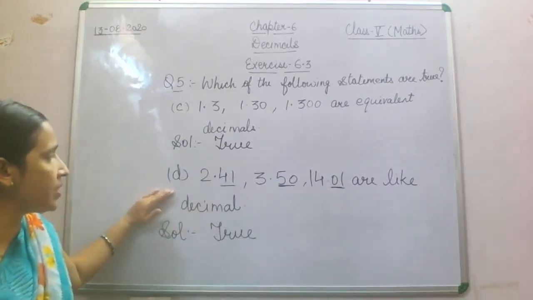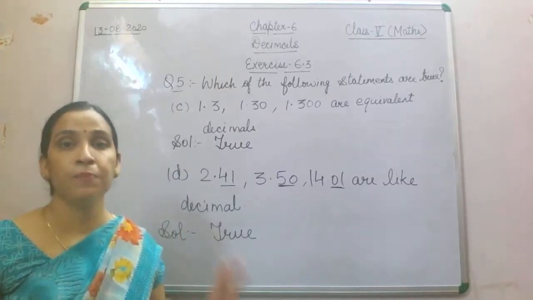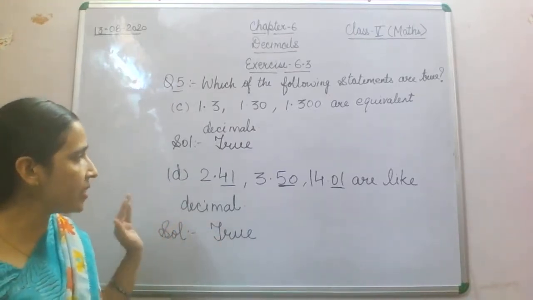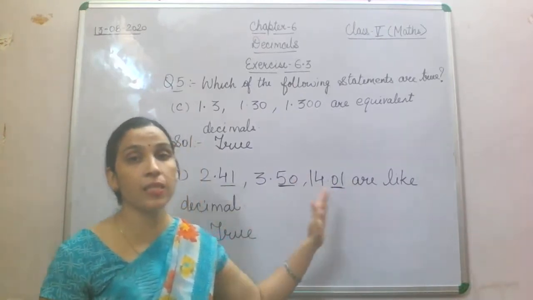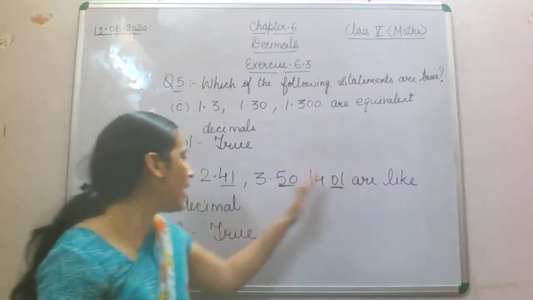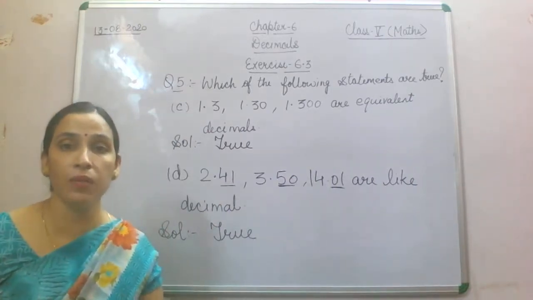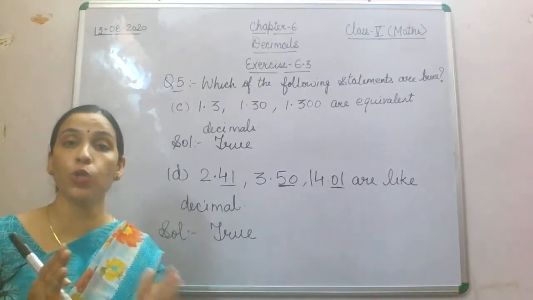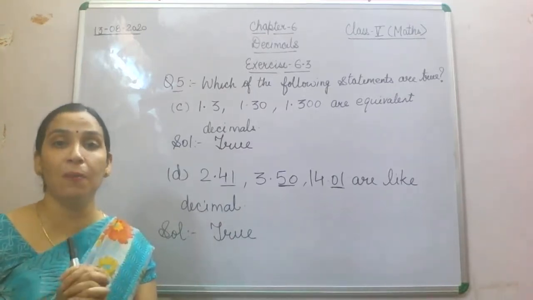Now come to this D part, you have been given 3 decimal numbers. It is asked whether these 3 decimal numbers are like decimals. So what is the definition of like decimals we have done? Like decimals are those which have the same decimal places.